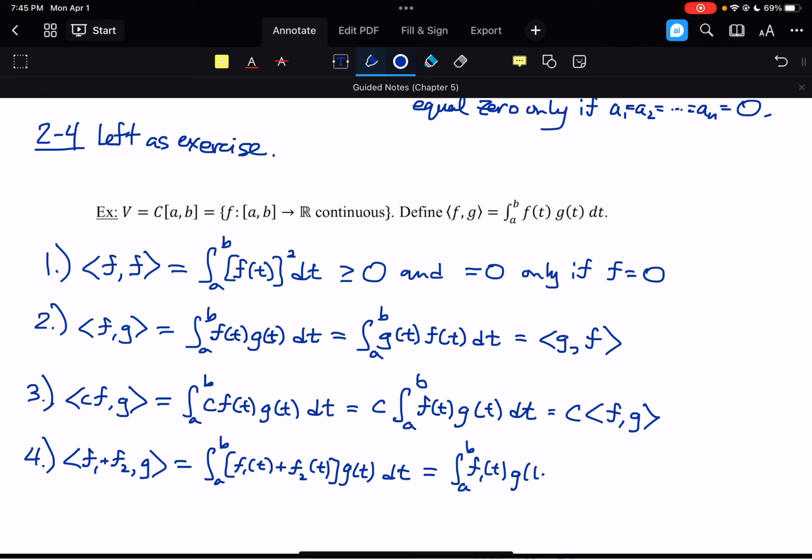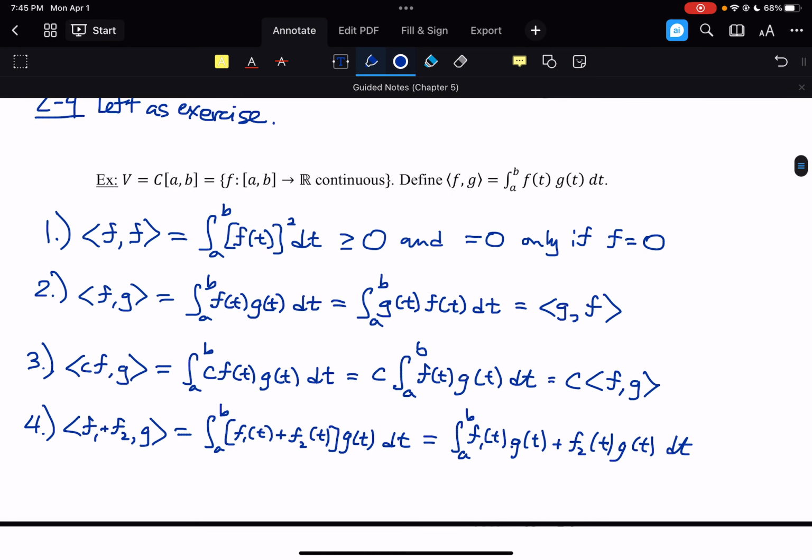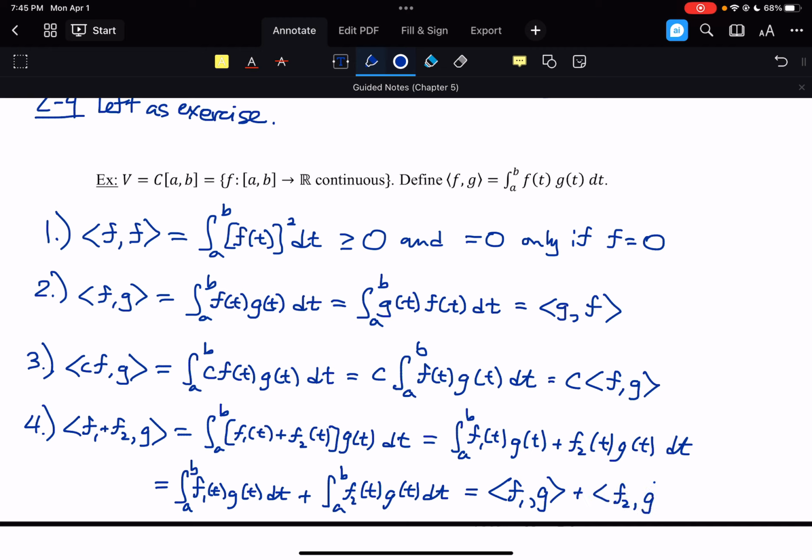So we get f1 times g plus f2 times g. And then again, using integral properties, we can split up across addition. So we get our f1 integral and our f2 integral. So that's the inner product of f1 with g plus the inner product of f2 with g.